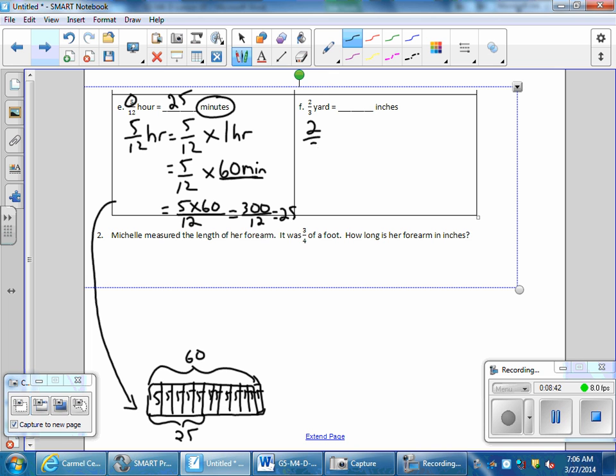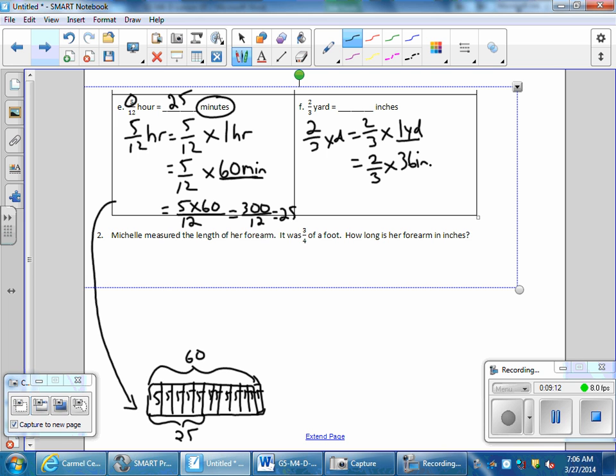Two-thirds of a yard is equal to 2/3 of 1 yard, which is equal to 2/3 times, there are 3 feet in 1 yard, 12 inches in 1 foot. 3 times 12 would be 36 inches in 1 yard.